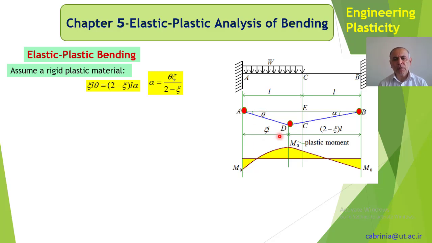If these three points are plastic hinges, then our moments will be something like that. We are not sure how this is, but we know that this point is maximum bending moment or completely plastic. Here is complete plastic, and here as well, where we have these three hinges.